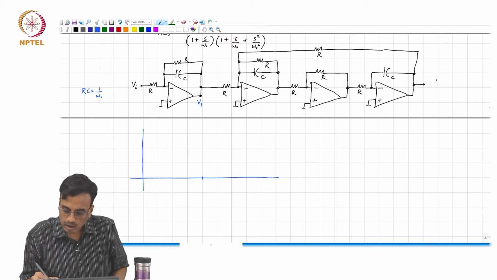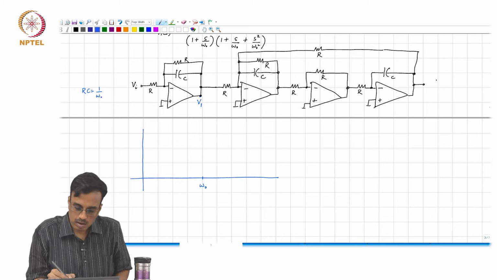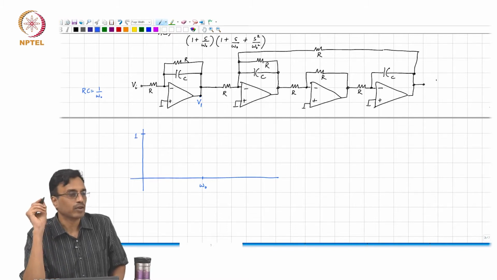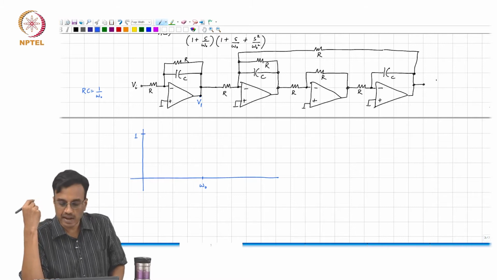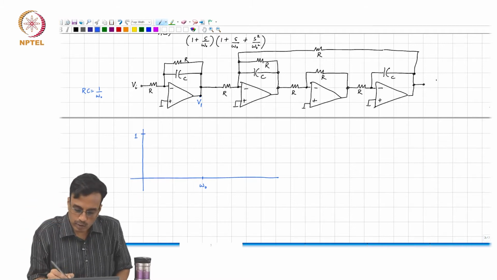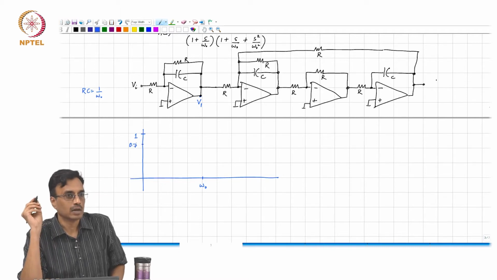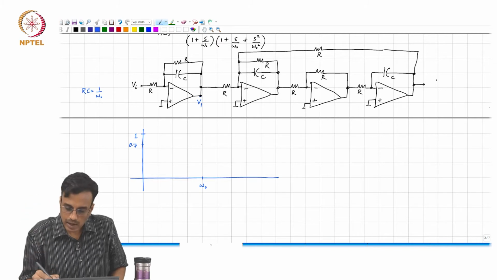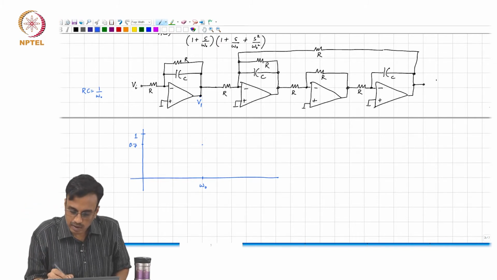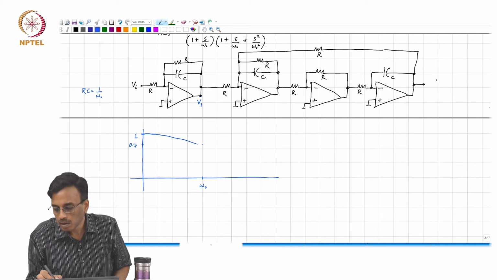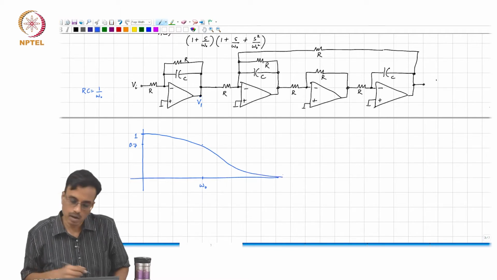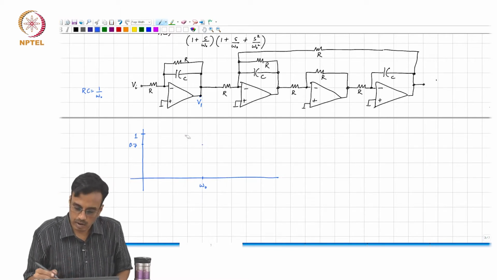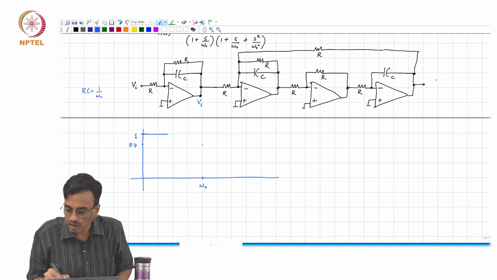At DC, what is the gain? I am only interested in the magnitude. So, the DC gain is 1, and at omega naught it will be something like 1 by root 2, which is like 0.7, and it looks like this. This is probably not a really accurate picture, but you get the idea.